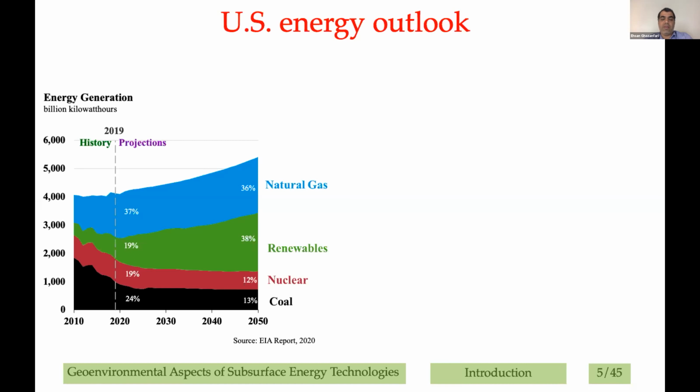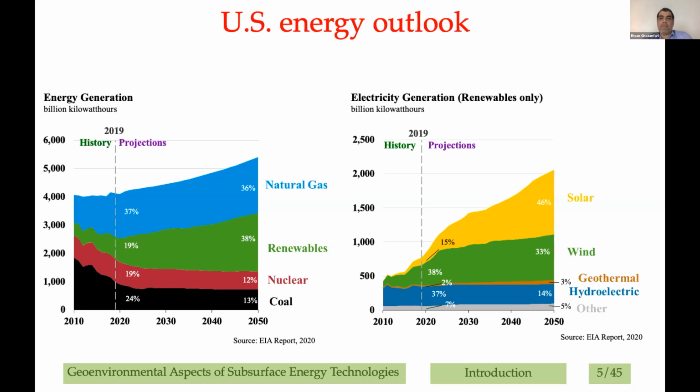So what I wanted to emphasize here is that still here in the United States, the renewable share by 2050 is far below what would be desired, and also the fact that natural gas still would contribute significantly to the energy generation here in the US. Now, if we break down the contribution of different renewable sources, you will see that solar and wind have the majority of the contribution to the renewables.